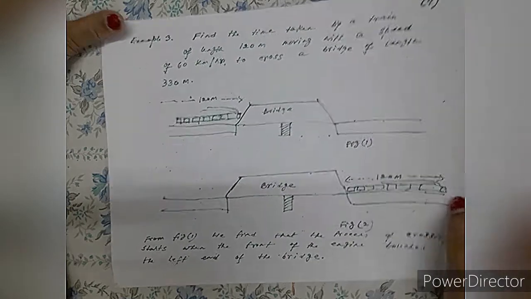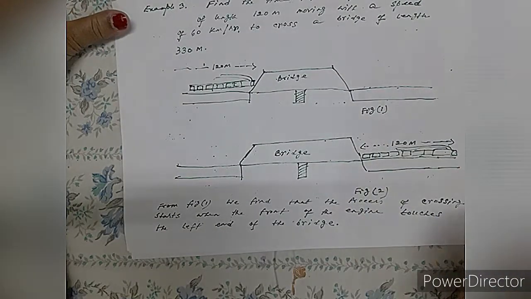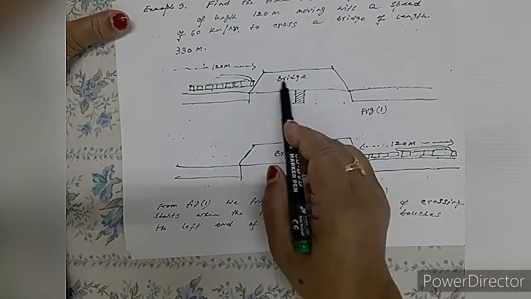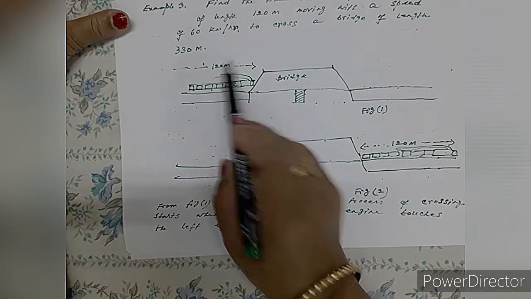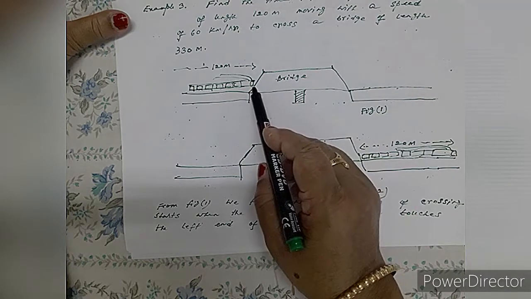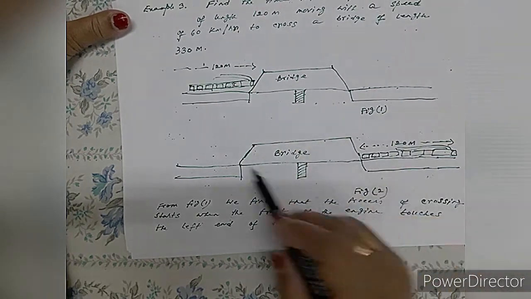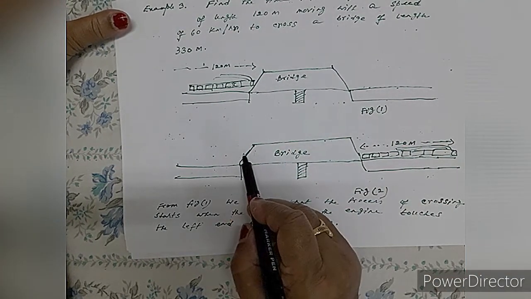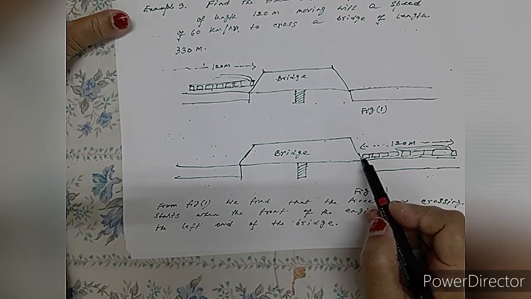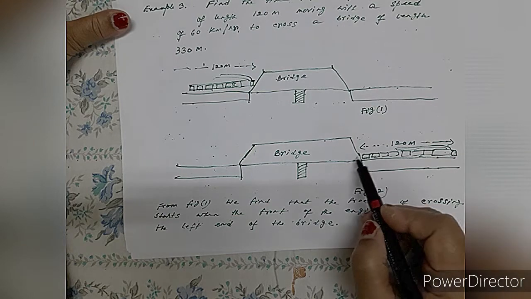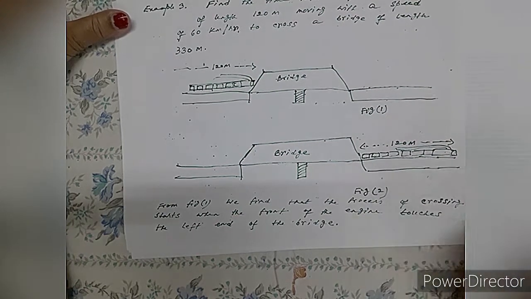See again the example of a bridge, figure 1. This is a bridge, the train is moving, the length of the train is 120 meter. In figure 2, the train has already touched the bridge and is crossing it, moving forward.